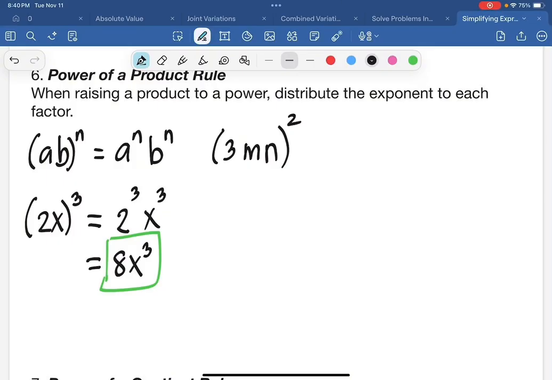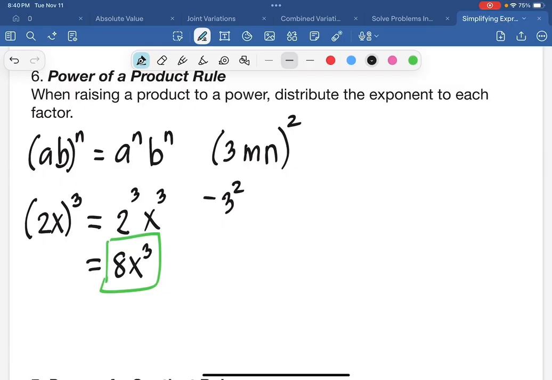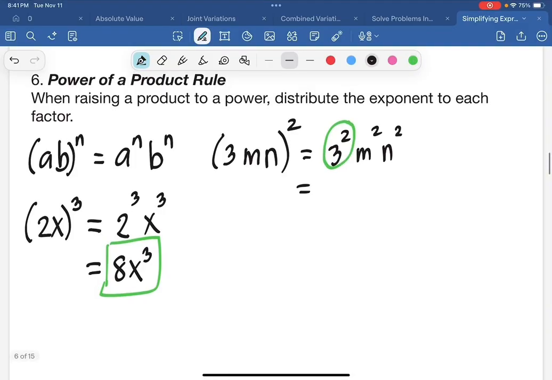So we have here 3 squared, m squared, and n squared. Again, we're not done yet with 3 squared because this one can still be simplified. So 3 squared is 9. So our final answer would be 9m squared n squared.